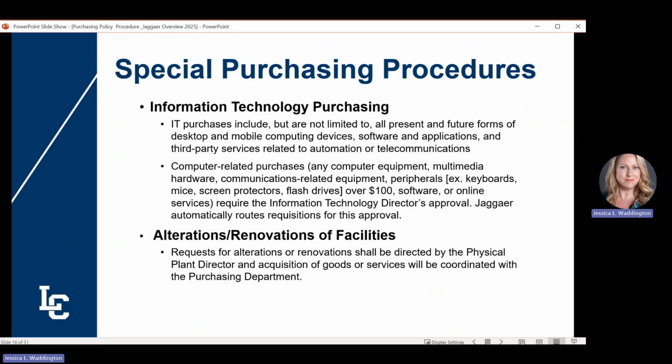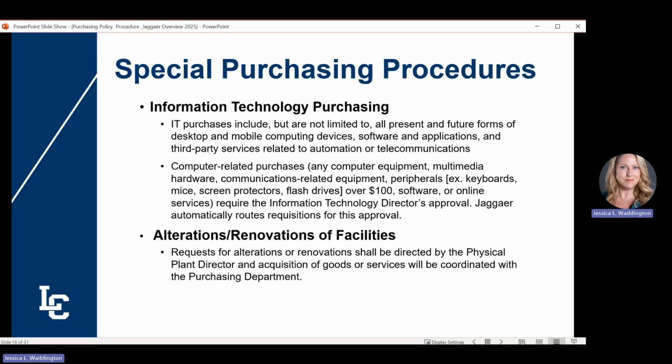Certain purchases have special purchasing procedures. Information technology purchasing. IT purchases include, but aren't limited to, all present and future forms of desktop and mobile computing devices, software and applications, and third-party services related to automation and telecommunications. These types of IT or computer-related purchases require the Information Technology Director's approval.